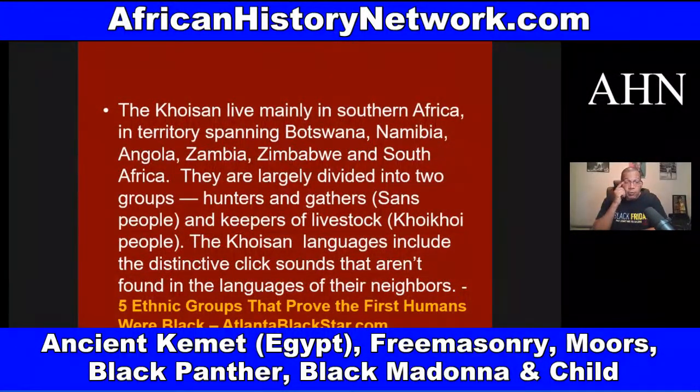The Khoisan languages include distinctive click sounds that are not found in the languages of their neighbors. AtlantaBlackStar.com has a good article dealing with some of this information: five ethnic groups that prove the first humans were black.